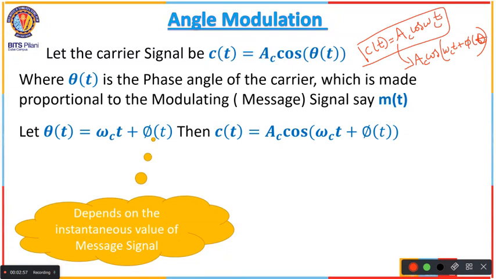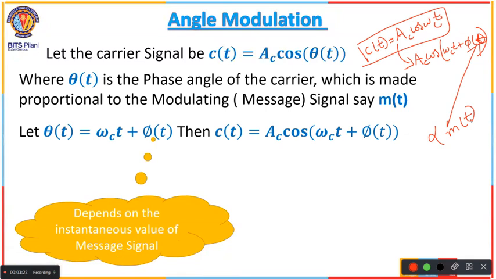Now where is the information about your message signal? Which component of this has the information of the message signal? This phi of t. I can exploit that. I can make phi of t proportional to m of t. And what is that m of t?